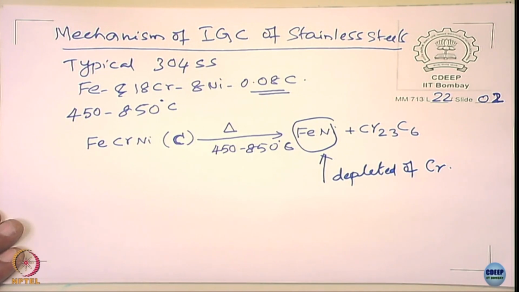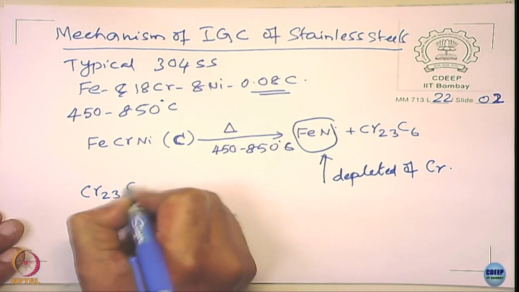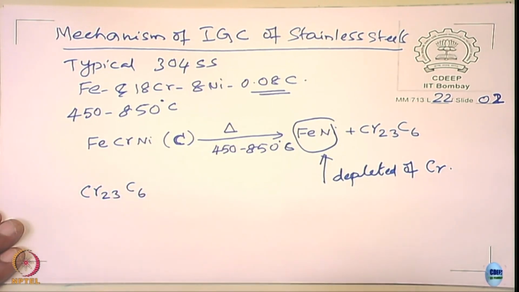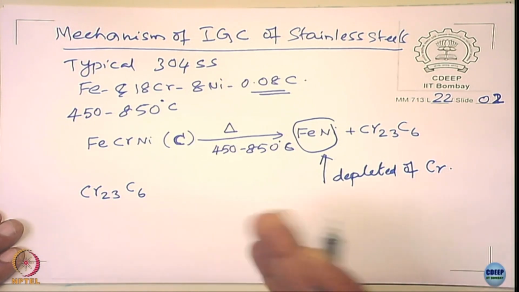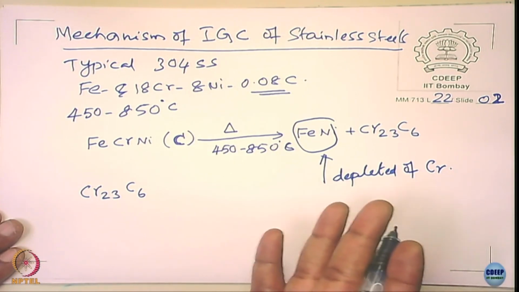Not only this, there is one more important factor here, that is Cr23C6 formation. You can also have other kinds of carbides, such as M7C3 or M4C. There are other kinds of carbides that can also form.